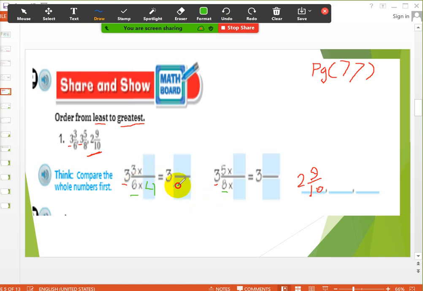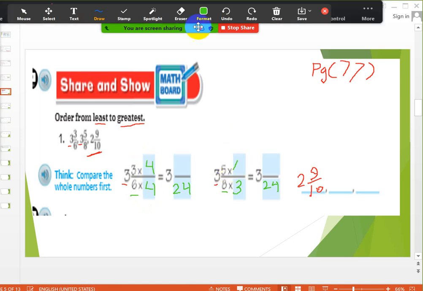It will give me 24. And 8 multiplied by 3 equals 24. So I can make the denominators the same by using 24. Can I multiply only the denominator? No, I have to multiply the numerator also with the same number to keep the value of the fraction. So here you have to multiply the numerator with 4 also, and here you have to multiply the numerator with 3 also.